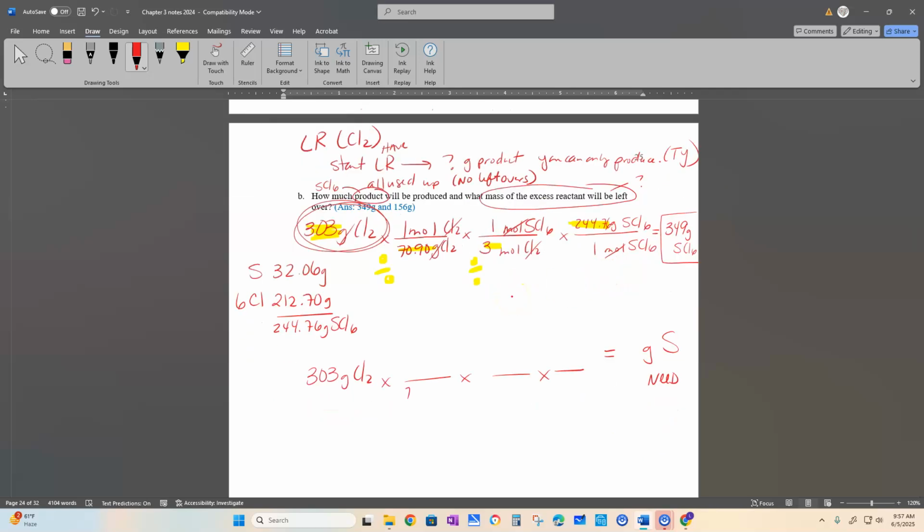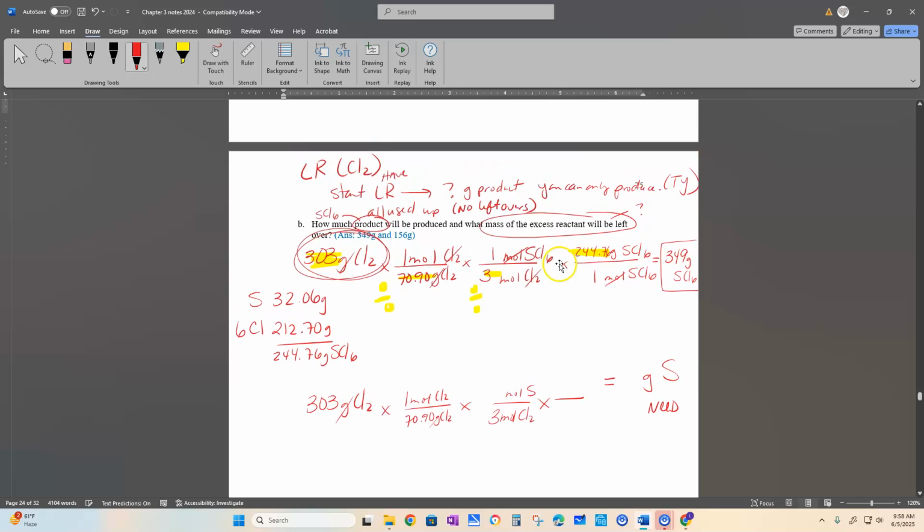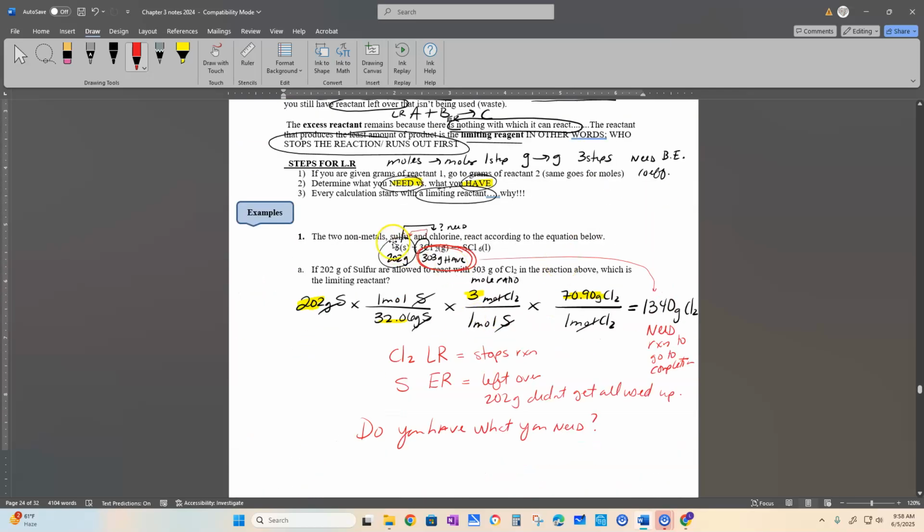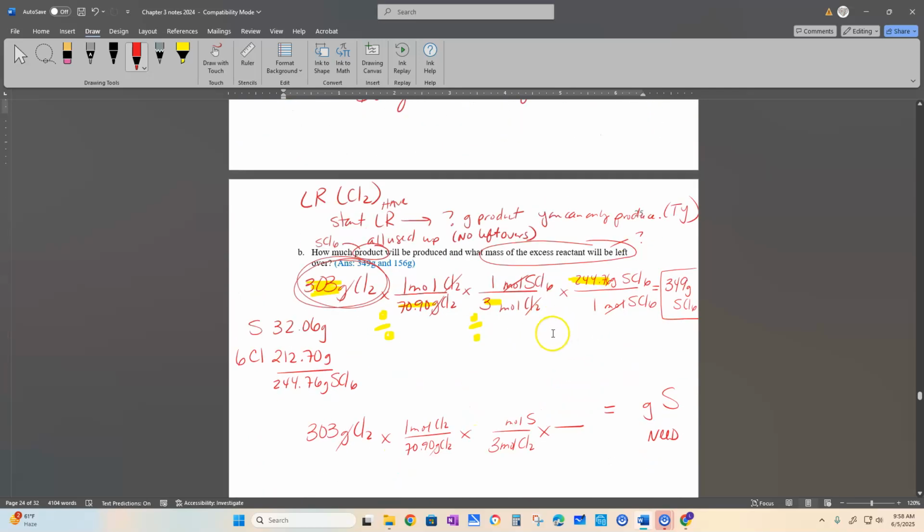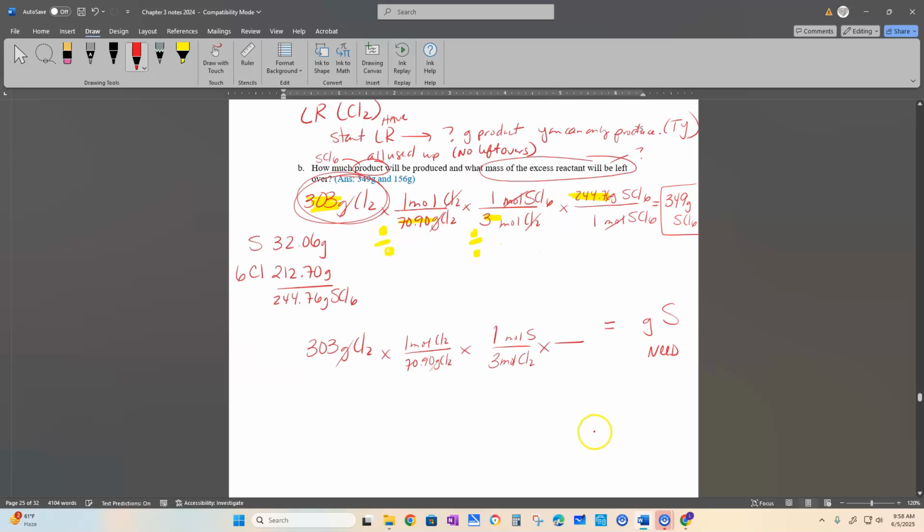So I'm going to put my 70.9 grams of chlorine and my 1 mole of chlorine on top. Grams are gone. Chlorine, according to my balanced equation, 3 moles of chlorine. And on top for sulfur, I'm going to go back and check my equation. So for sulfur, for every 1, there's 3 of chlorine. So bye-bye chlorine. And now my periodic table, 32.06 grams of sulfur.